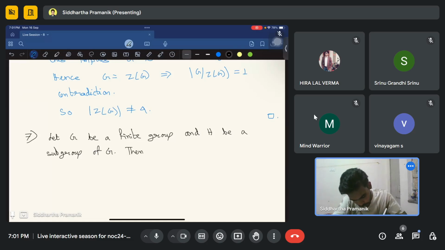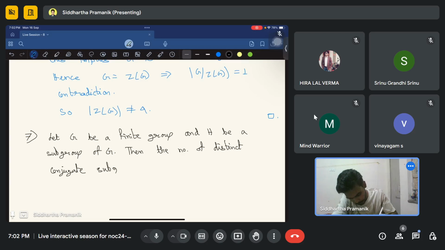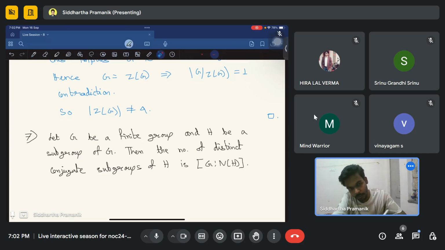Then the number of distinct conjugate subgroups of H is equal to the index of NH in G. So NH is the normalizer of H. I hope you are aware of this.